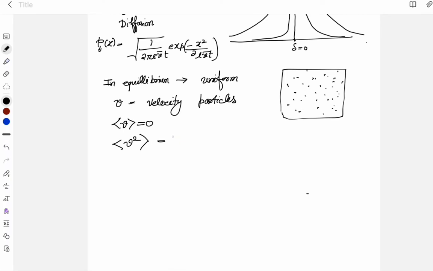Since we are considering thermal equilibrium, one can say that the mean square velocity, or their kinetic energy, will be kBT. Because eventually they are colliding with the walls and they are exchanging energy or getting energy from the walls in equilibrium. They are in equilibrium, so their average kinetic energy is of the order of the thermal energy present. This one can derive from the kinetic theory of gases in equilibrium.